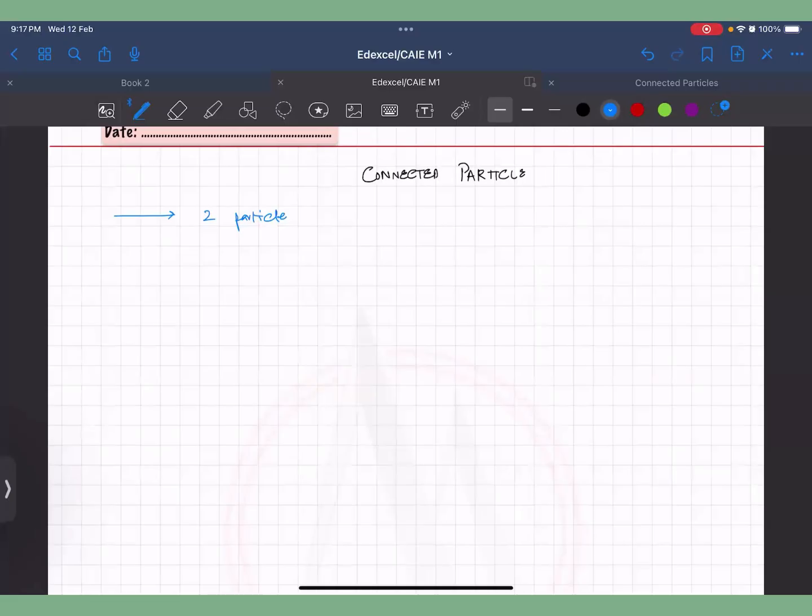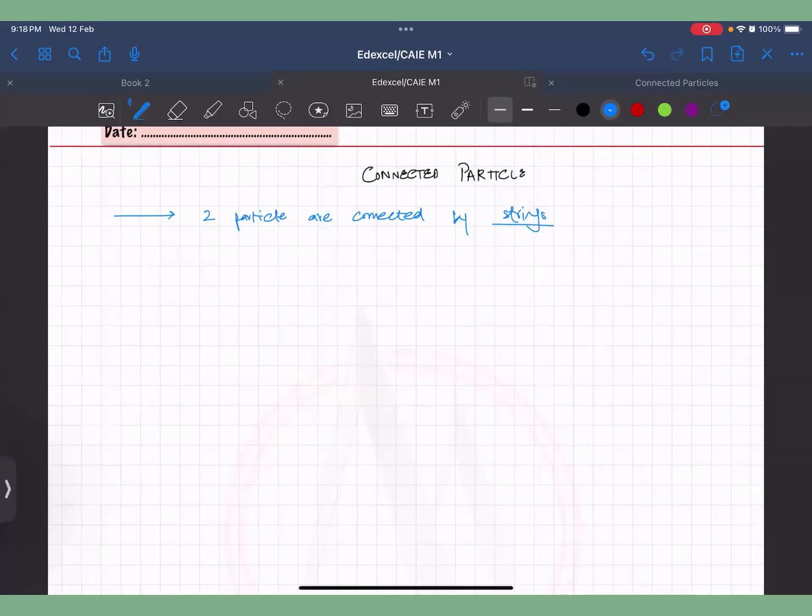Two particles are connected together mostly by strings, by ropes or anything. By inextensible strings. We did about the strings previously as well in forces, where we had tension. So we learned about strings when particles were connected together by strings, or when something was hung from the wall, yes, from the ceiling.